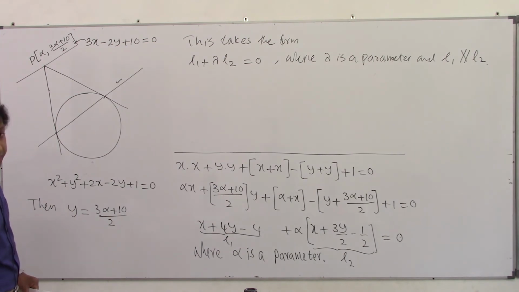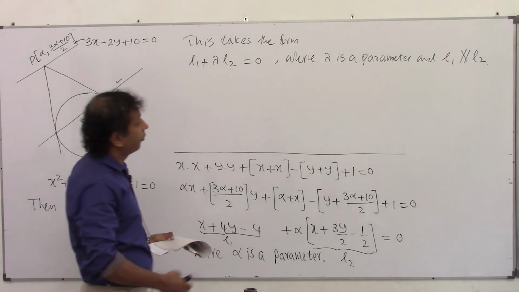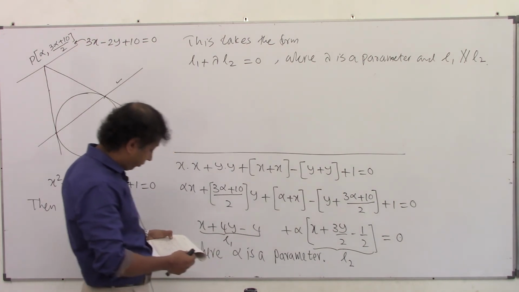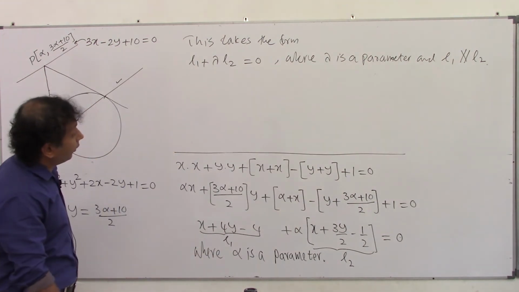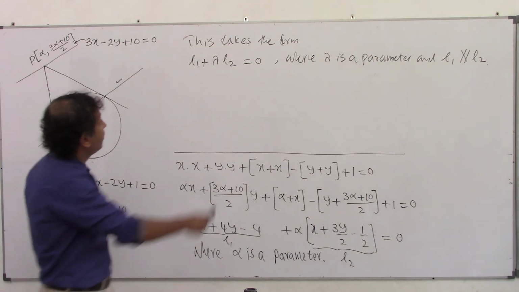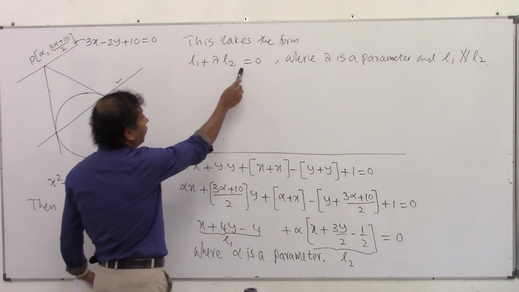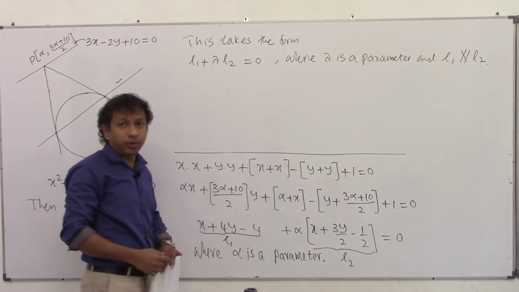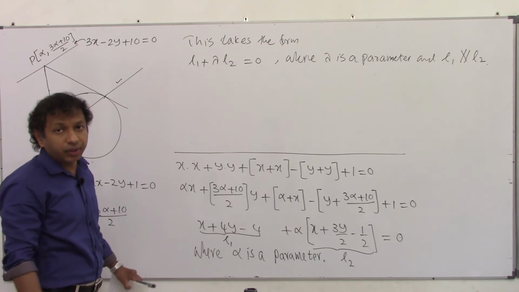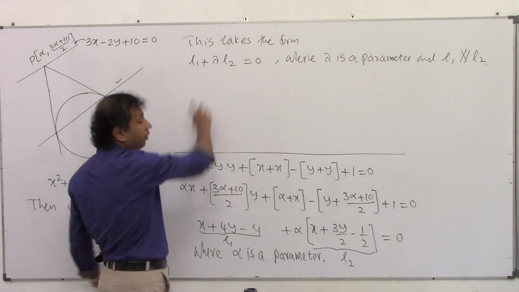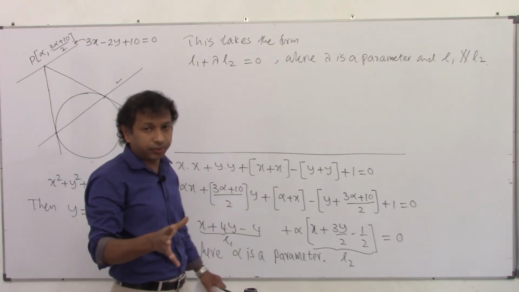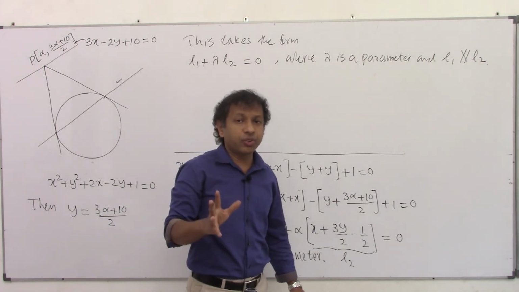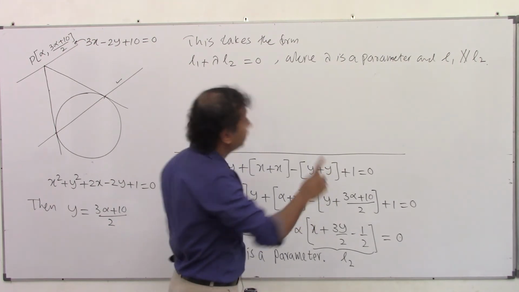Now, since this takes the form L1 plus lambda L2 equals 0, where lambda is a parameter and L1 and L2 are not parallel, this kind of equation gives any line which passes through the point of intersection of the two lines.